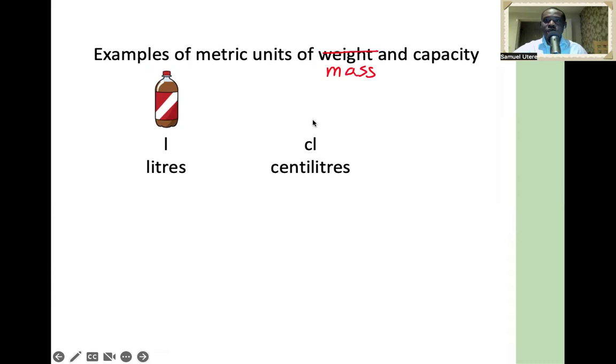This one a person can just drink. And then milliliter would usually be for maybe your can of Coke or Pepsi or Fanta or whatever drink you have in your part of the world. Milliliter, you will usually see written on bottles like this.